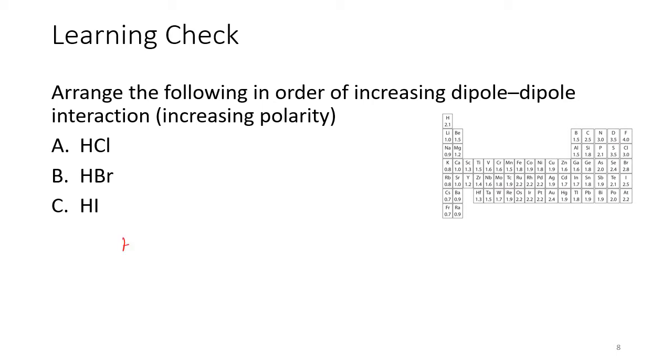If we think about what each of these bonds is going to look like, they're each going to be a polar covalent bond, where hydrogen is bonded to some electronegative atom. In each case, chlorine, bromine, and iodine are more electronegative than hydrogen, so they're going to develop the partial negative charge. Hydrogen is less electronegative, so it will develop the partial positive charge.